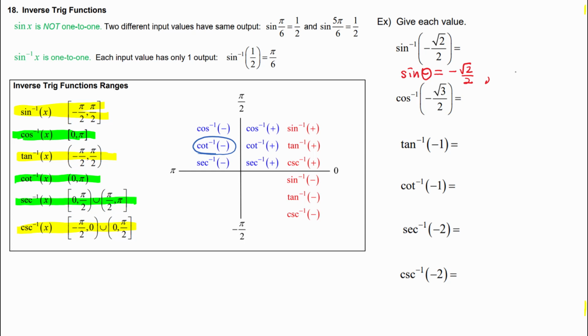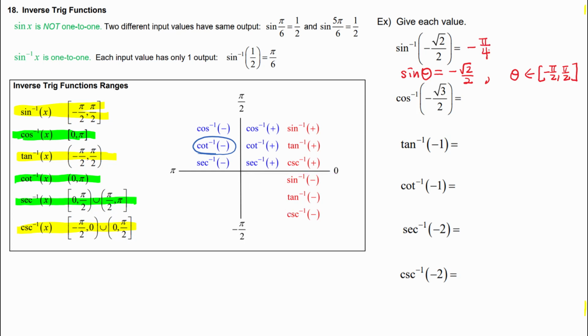And yes, I want that angle to be in negative pi over 2 to pi over 2. But because it is negative, it's going to be an angle from negative pi over 2 to 0. And I know sine of pi over 4 is radical 2 over 2. So this must be negative pi over 4.